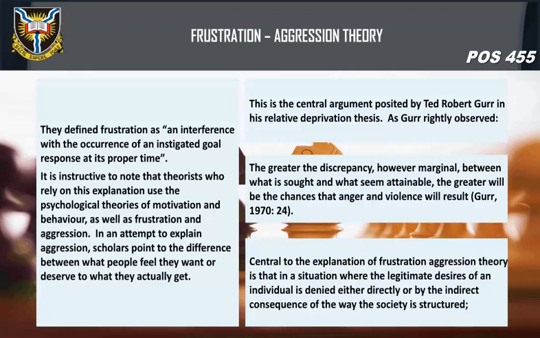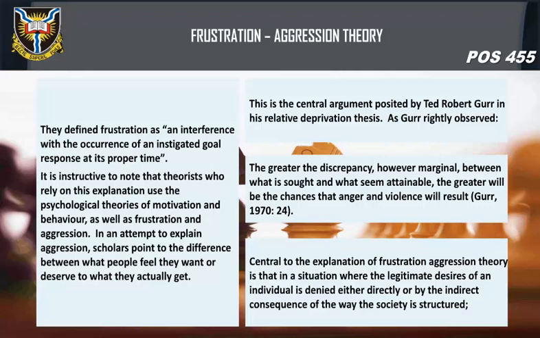In an attempt to explain aggression, scholars point to the difference between what people feel they want or deserve to what they actually get. This is the central argument posited by Ted Robert Gurr in his relative deprivation thesis.